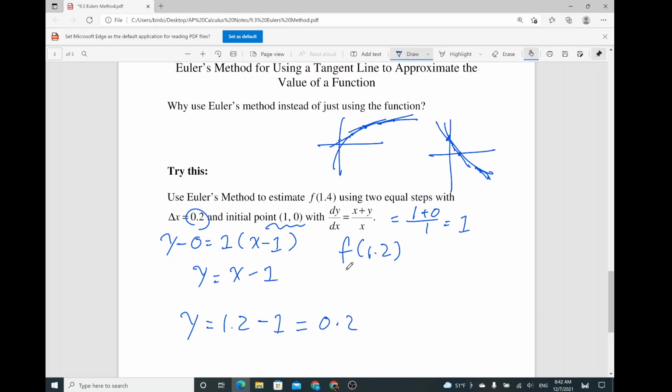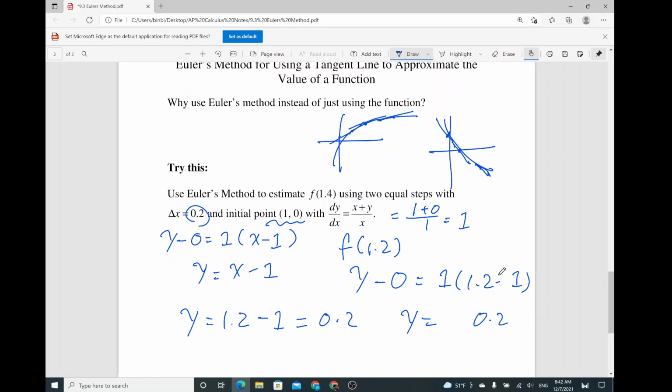Or basically you can just do this. y minus the previous point, 0, equals 1 times x, 1.2 minus 1, which is the same thing as the linear approximation. So y equals 1 times 1.2 minus 1, which is 0.2. Okay, so it's the same thing.